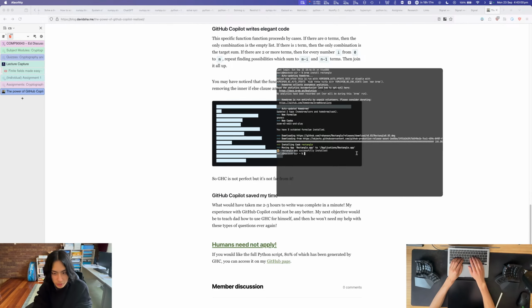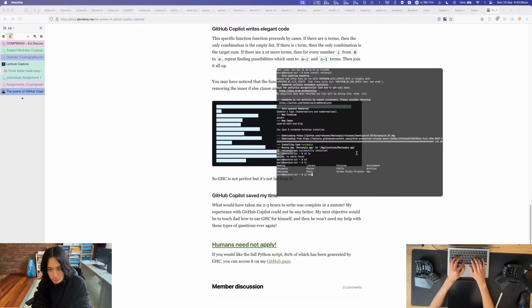Side quest. This is honestly like a proper LeetCode question, but let me think.